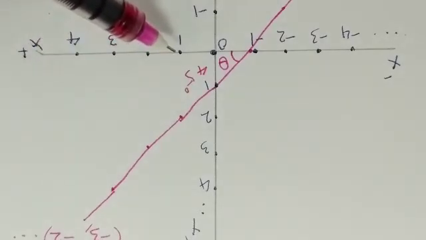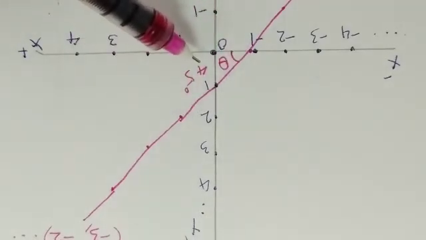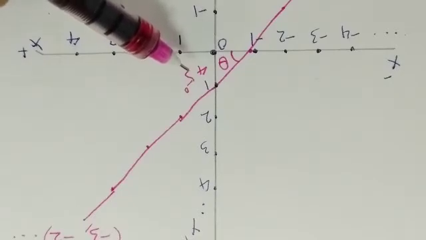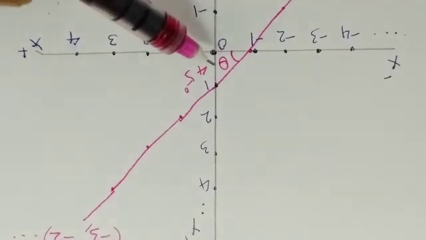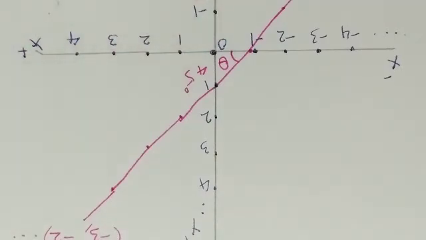If you observe, the inclination is 45 degrees. It is measured with the help of a protractor. Without a protractor also we can identify that the angle of inclination is 45 degrees.